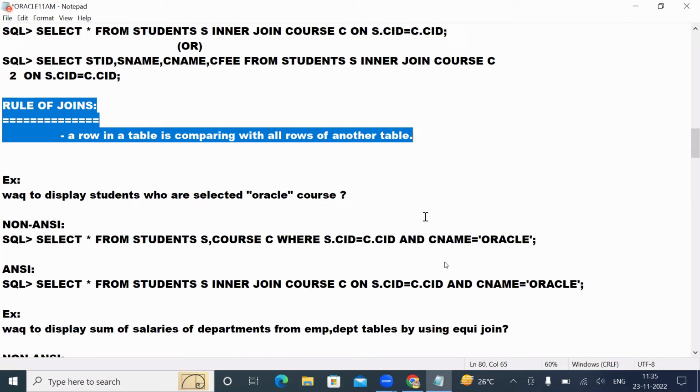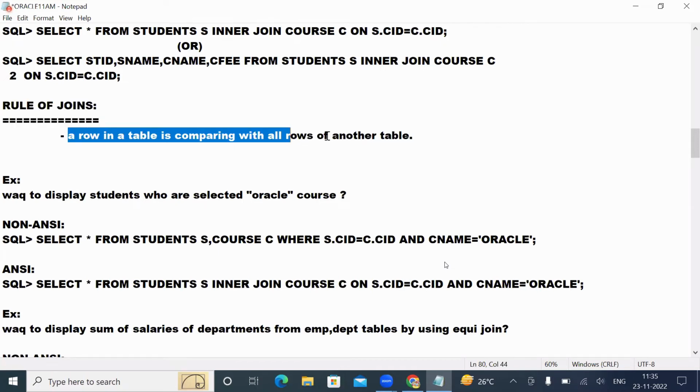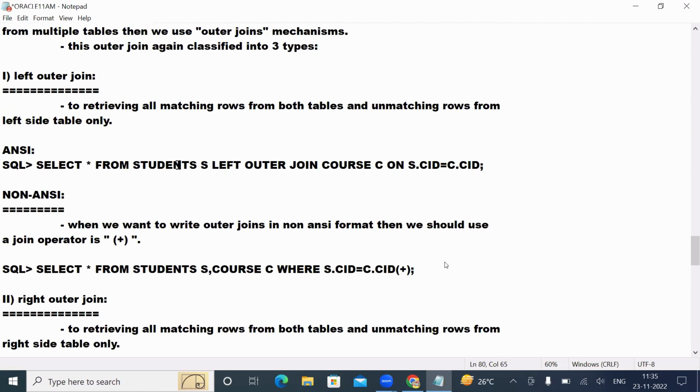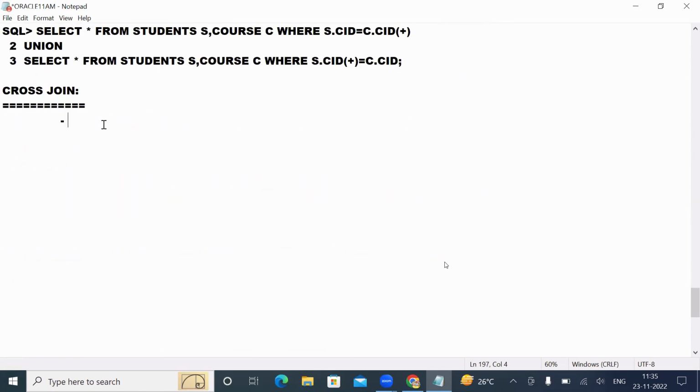Now we can come out and see this rule. If you want to know practically how to justify this rule, and how people adopted this rule in join techniques, it depends on the cross join. The rule that people decided is that joins work like each row of a table is compared with each row of another table.